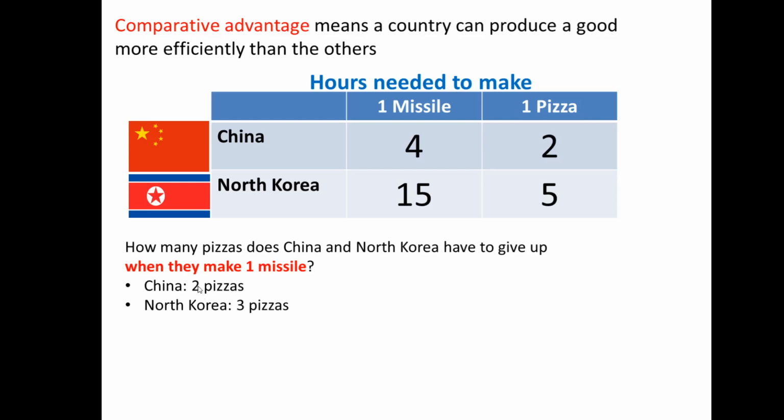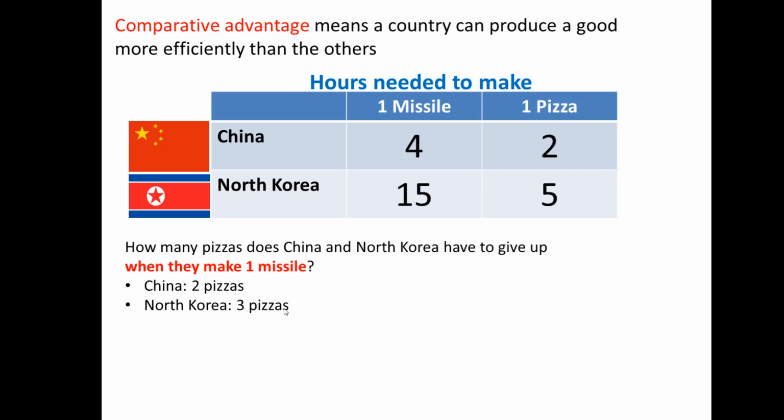If China is going to produce a missile, it's going to be cheaper because the opportunity cost of producing missiles in China is lower. If North Korea is aware of this, they are not going to produce missiles anymore.